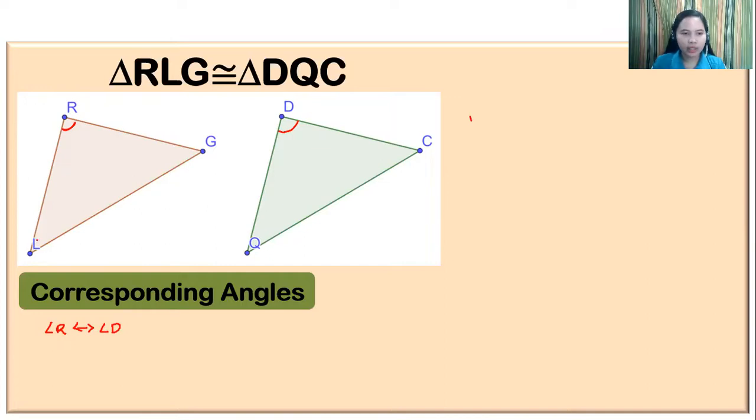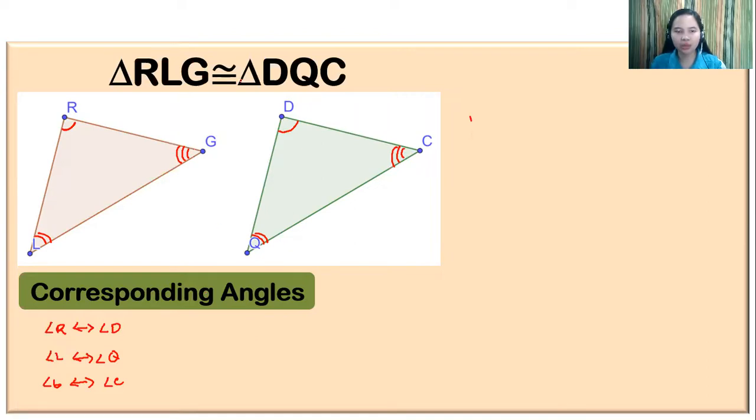Another pair, we have angle L corresponds to angle Q. Then last one, we have angle G corresponds to angle C. Based on the definition of congruent triangles and CPCTC, corresponding parts of congruent triangles are congruent.